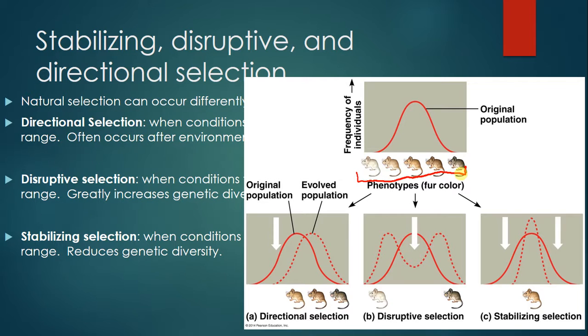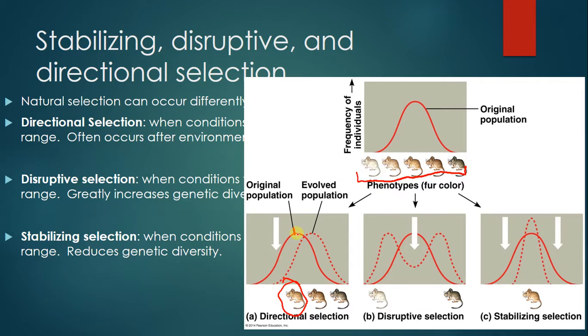Mice that live on the lava flow that's dark black are much more darkly colored than mice that live on the very gray surrounding desert. Directional selection has happened in the past for mice that live on that dark rock. Original mice were a little bit lighter brown.